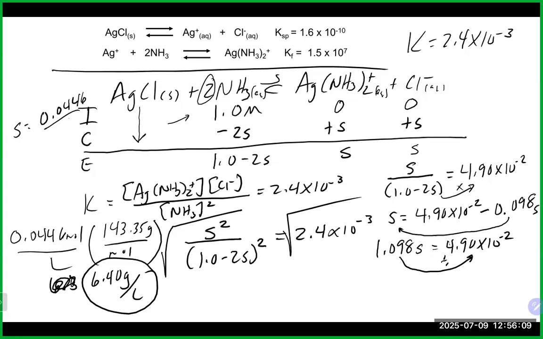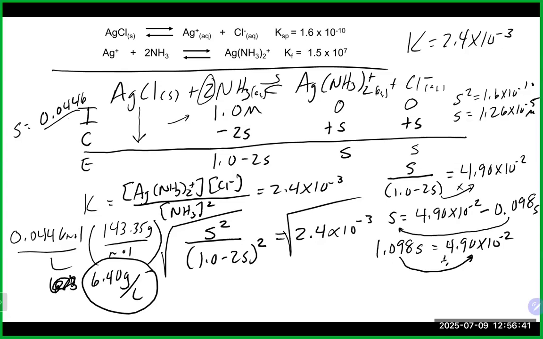Now, if you remember, we actually did at the very beginning of this chapter, silver chloride in water. And what we ended up getting was basically S squared is equal to 1.6 times 10 to the minus 10, giving us an S value of approximately 1.26 times 10 to the minus 5 molar.